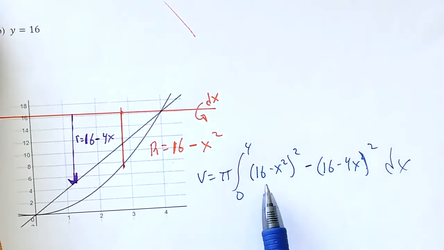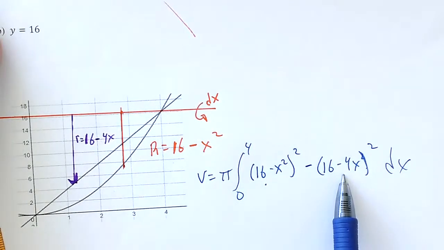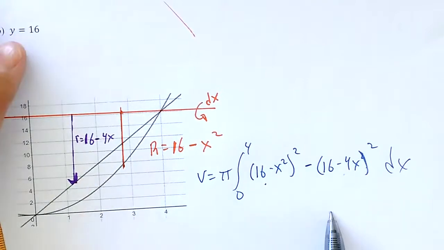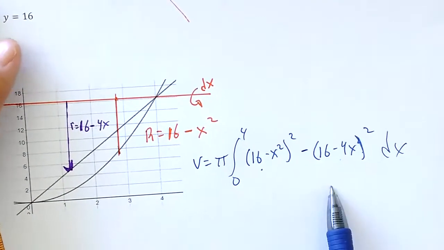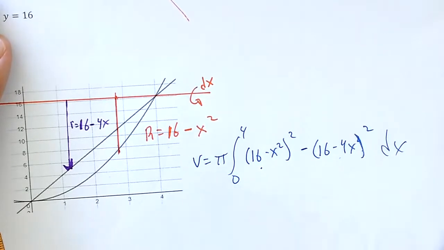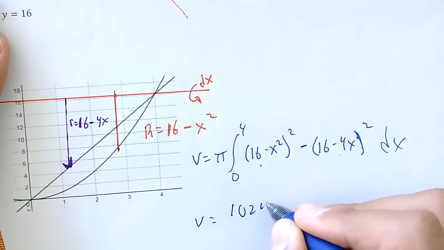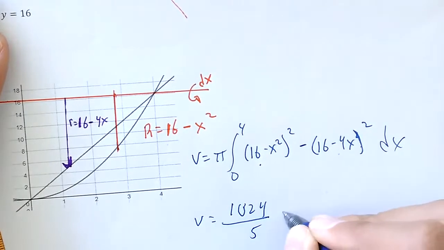So again, I would have to multiply out that binomial, subtract, combine like terms, then integrate it, and then multiply with pi. And so the volume here would end up being 1024 over 5 times pi.